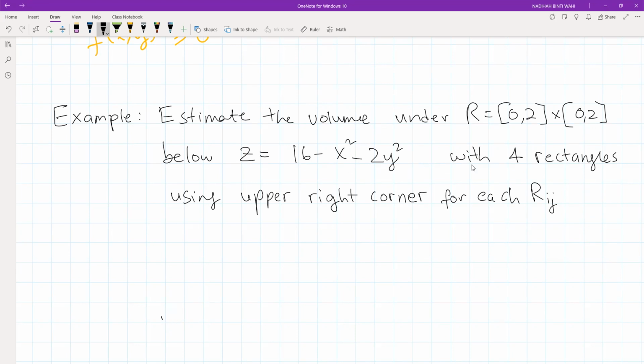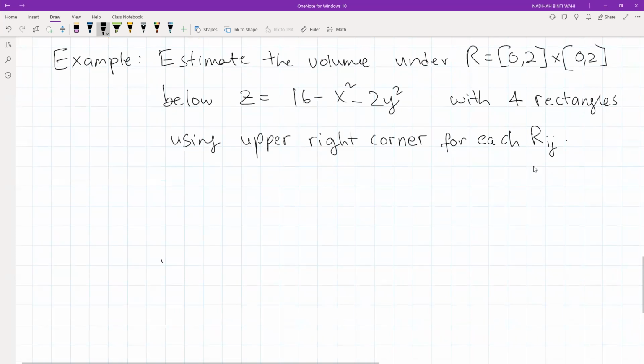Okay, so let's look at this one. You are given the value of function fxy equals to z, and with 4 rectangles using upper right corner for each Rij. Okay, selalunya it's better if you want to draw the region first.